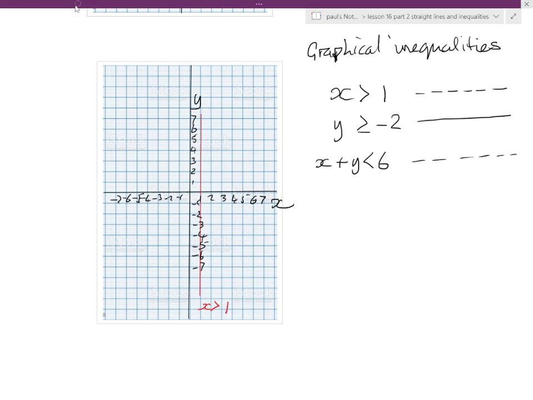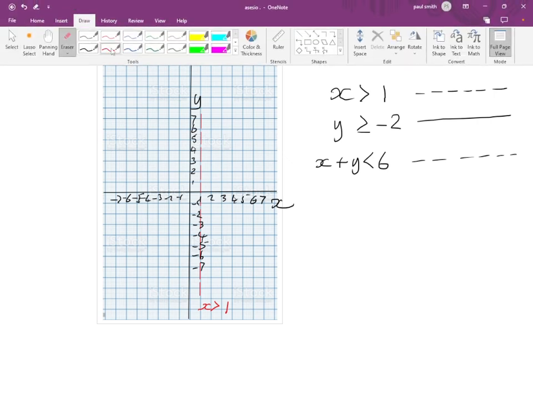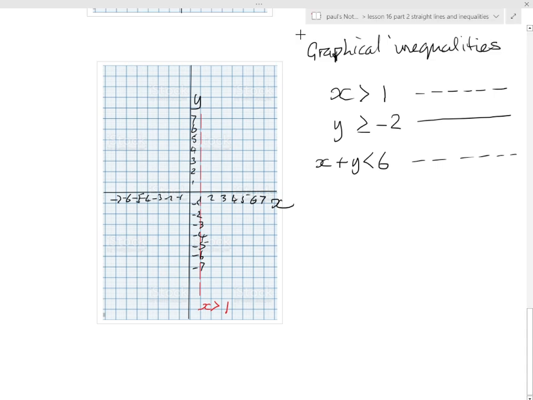Now, remember I said it's got to be a dashed line, so I'll just take some little chunks out without rubbing out too many numbers. So it's a dashed line that represents that one. Next one, we're going to do a red one now, as we did before. Y is more than or equals to -2. So this is a solid line. Y is -2, so we're going to go there.